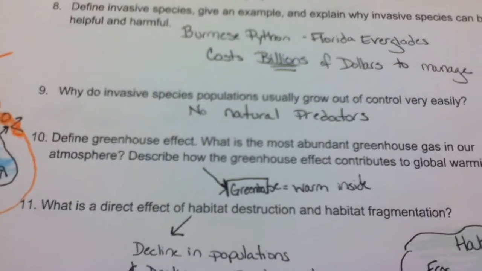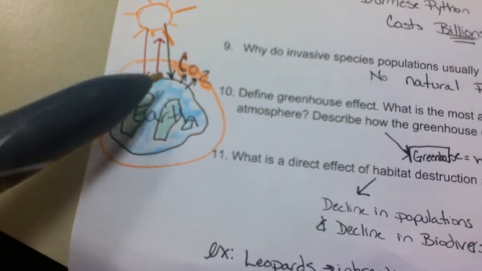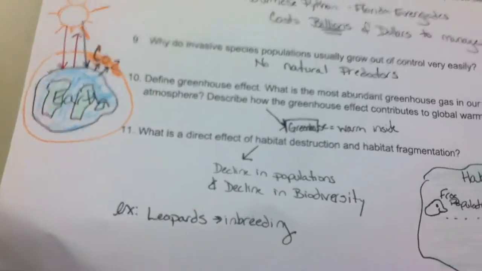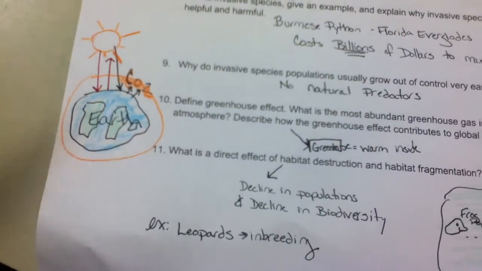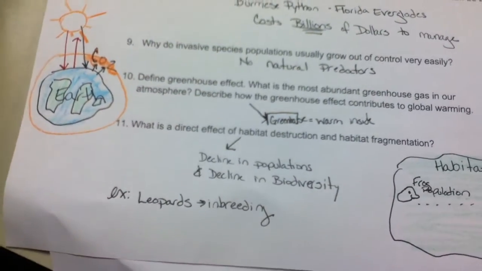Okay, this is an issue because, well, we'll talk about that. That's another question. So that's basically in a nutshell what greenhouse gases are: carbon dioxide, methane, and they heat up the atmosphere, which raises the temperature of the earth.